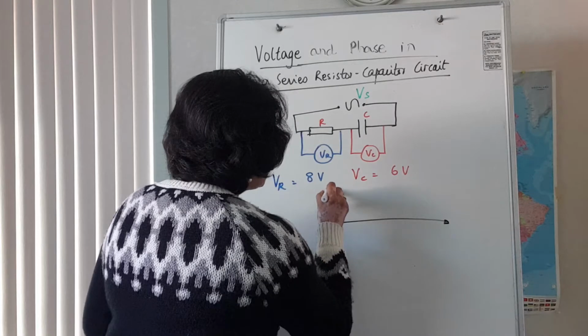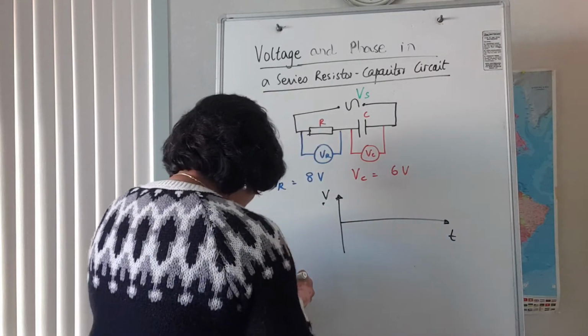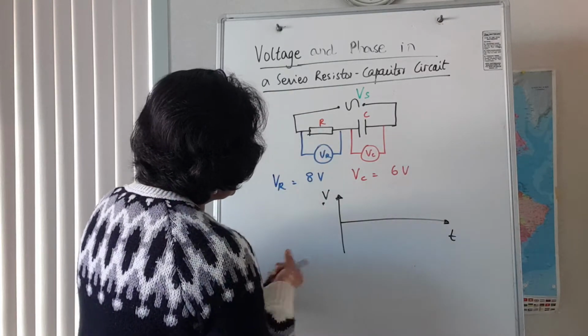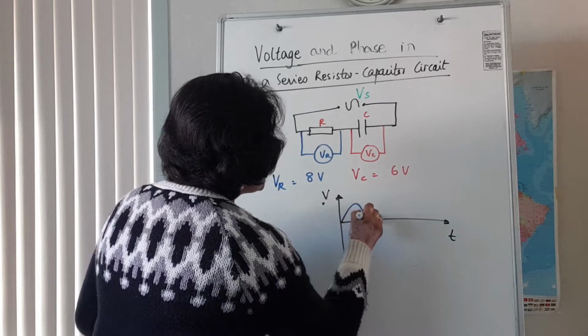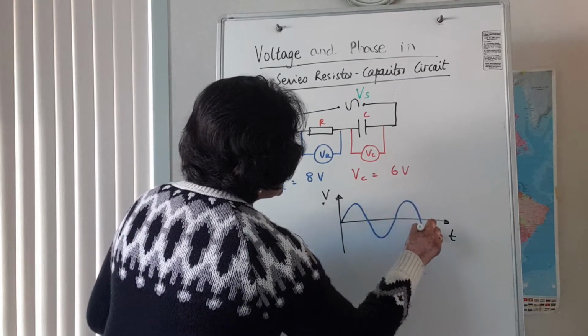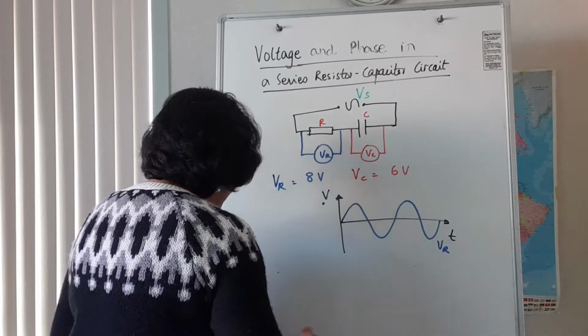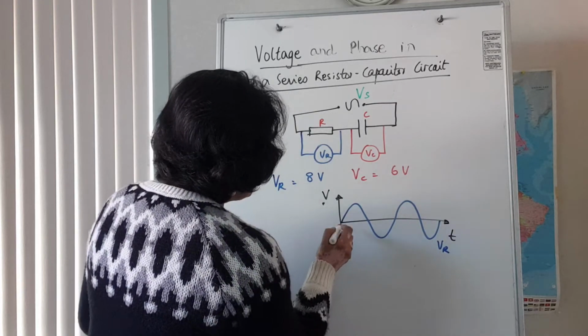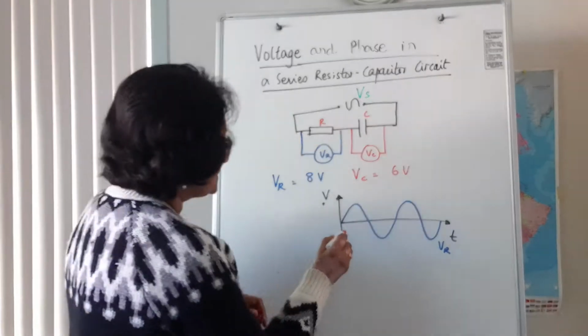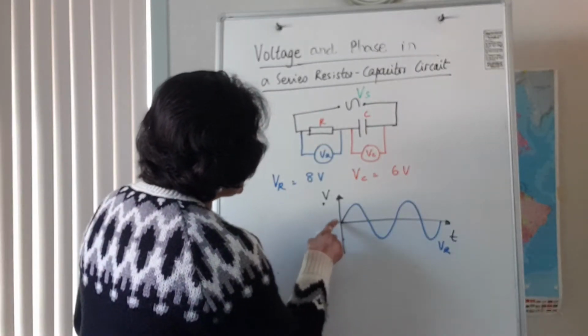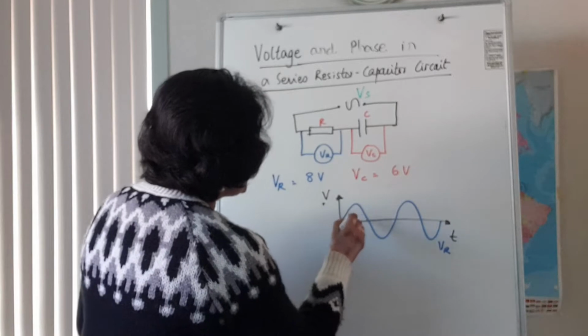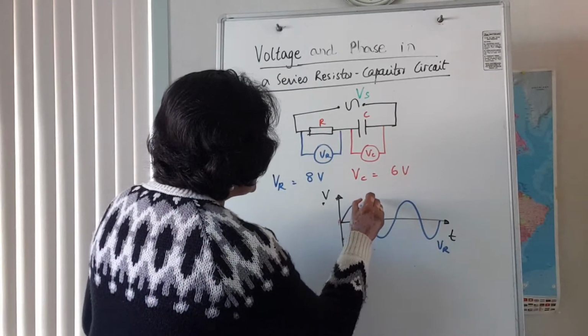On the same set of axes, you can have a graph for the voltage across the resistor. The blue is the resistor, and when the voltage across the resistor is 0, the voltage across the capacitor is a maximum, 90 degrees behind.